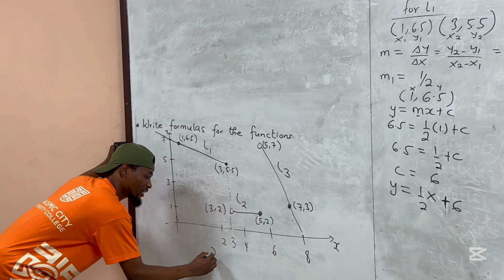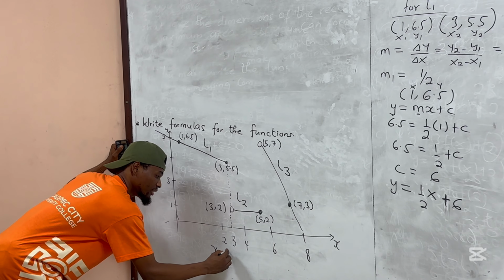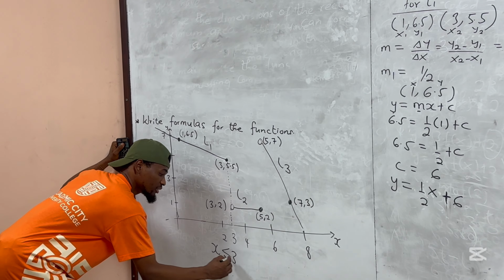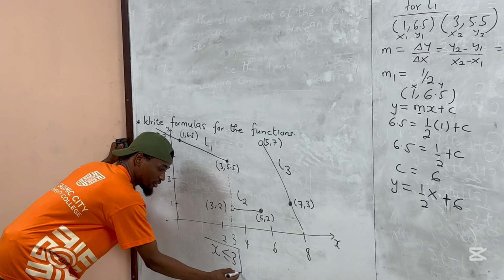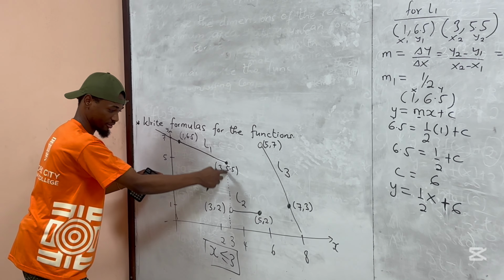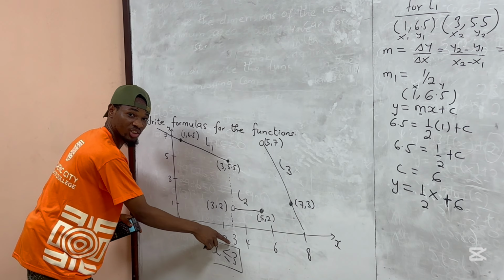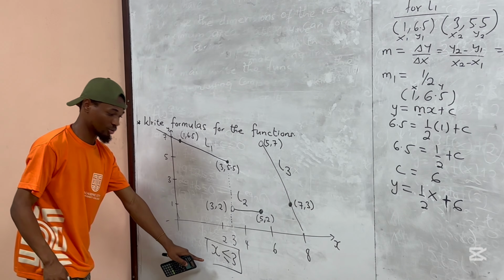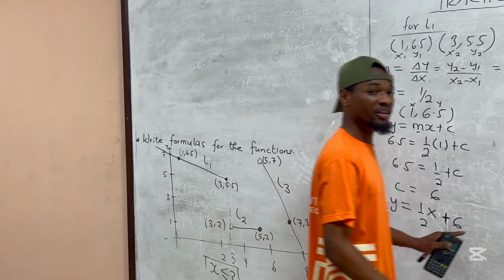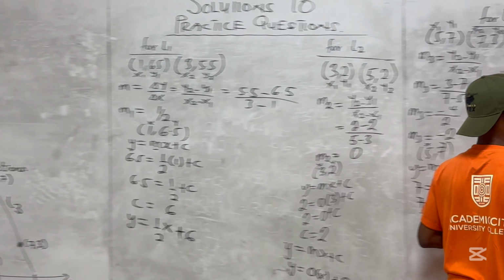So I have x less than or equal to 3. This will be the interval, because 3 is inclusive. So that would be the condition for the first one.